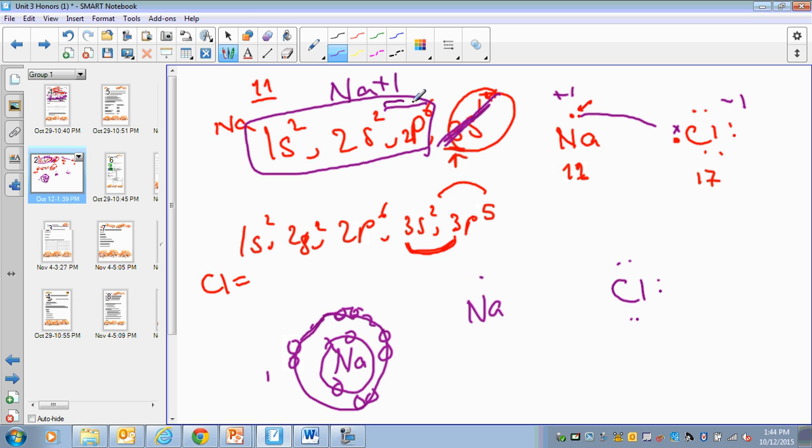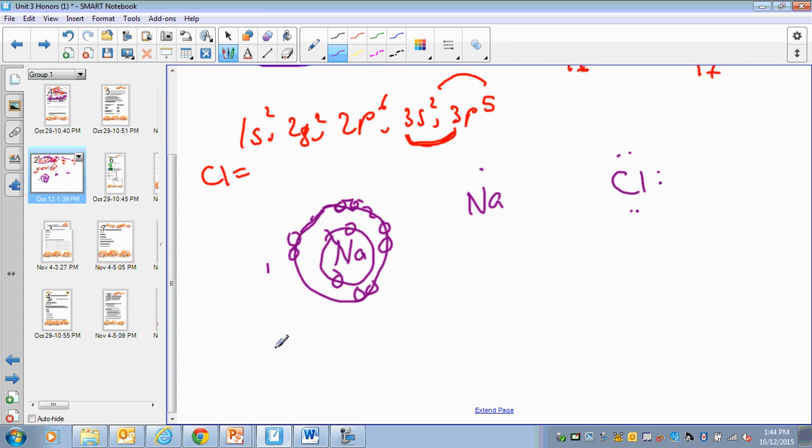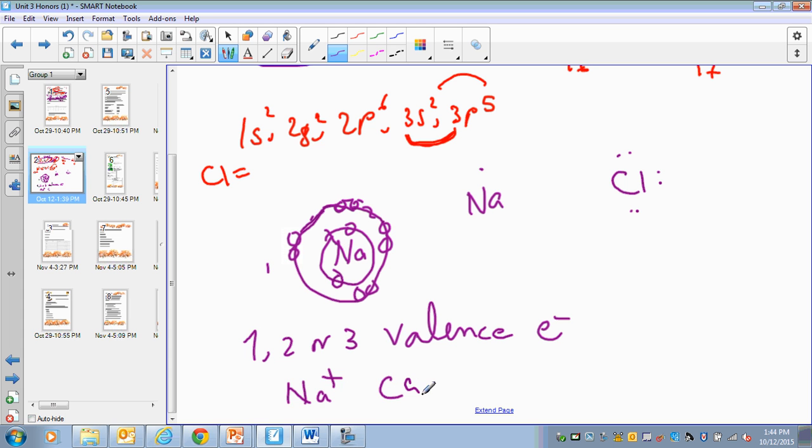Sodium loses the electron to get 8. So anyone who has 1, 2, or 3 valence electrons is going to lose those electrons to get a positive 1, positive 2, or positive 3 charge.